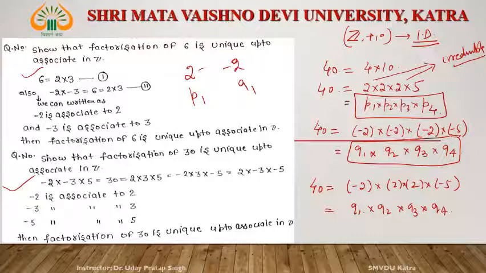So this 2 can be written as minus 2 into minus 1. Okay.